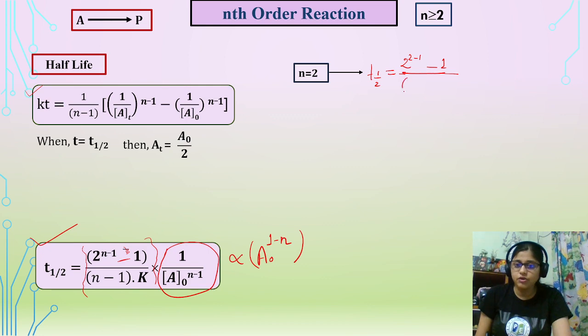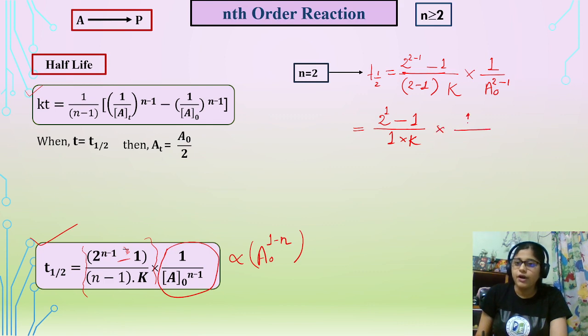Below 2 minus 1, into 1 by a0 to the power 2 minus 1. So here, I am again simplifying this: 2 to the power 1 minus 1 by 1 into k into 1 by a0 to the power 1.